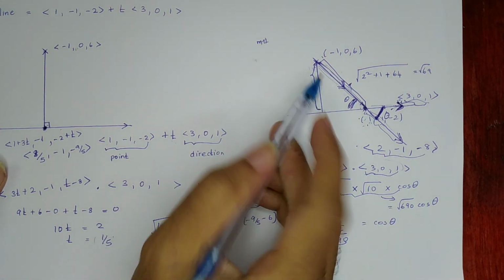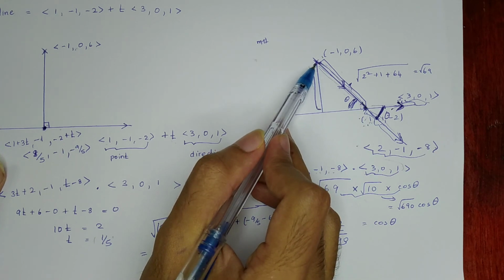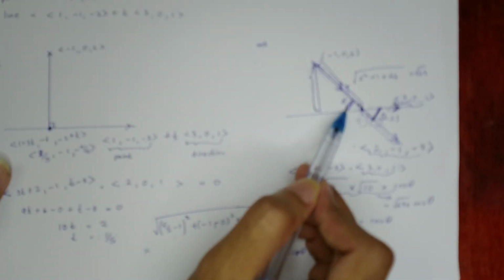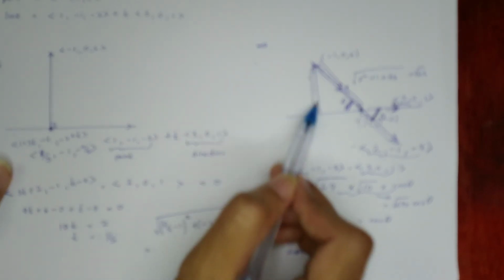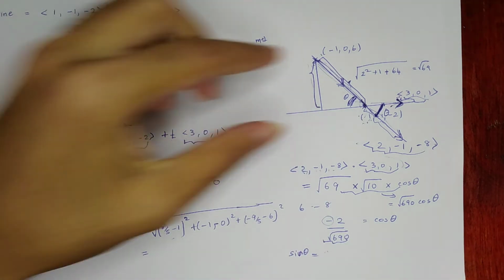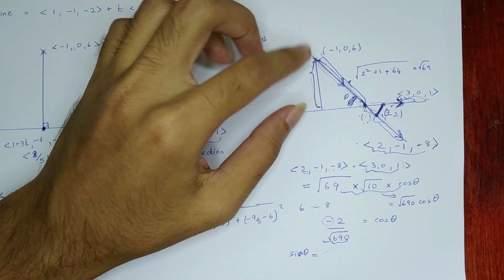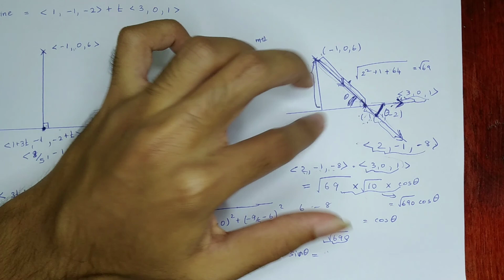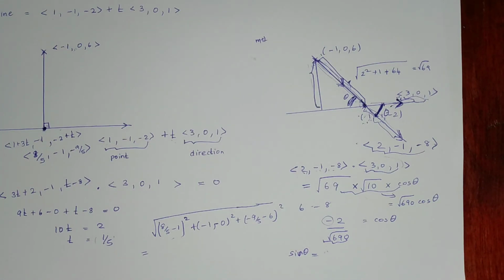After that, you need to substitute AB, the length of this, root of 69, into sine theta, which will be equal to this length. So you can directly find the magnitude of that line, the perpendicular distance from this point to this line. So I hope this video would be useful for you.